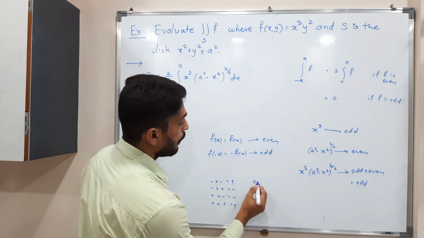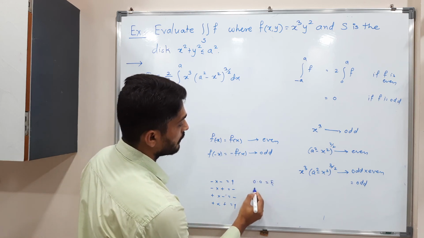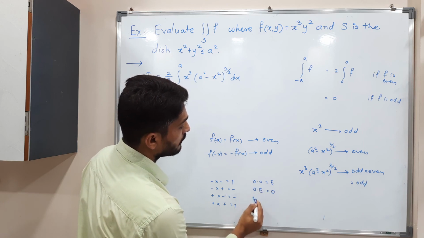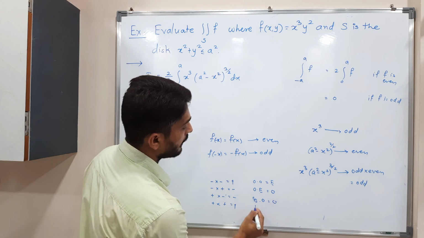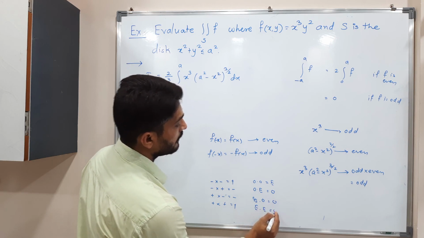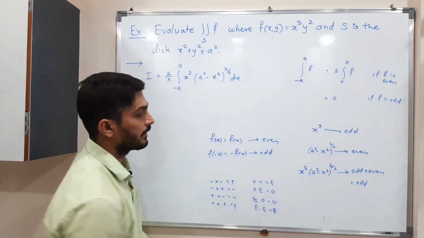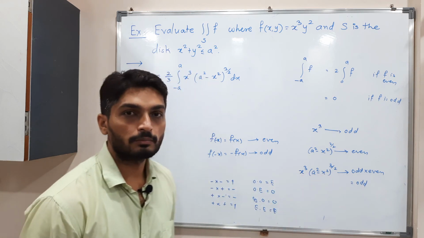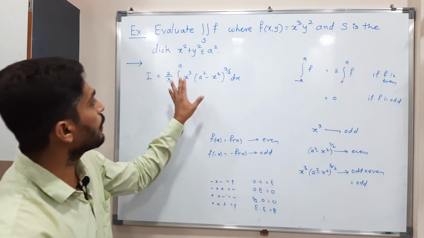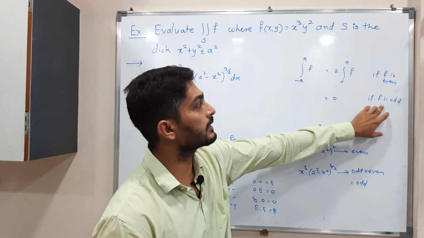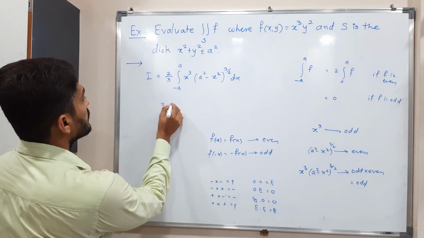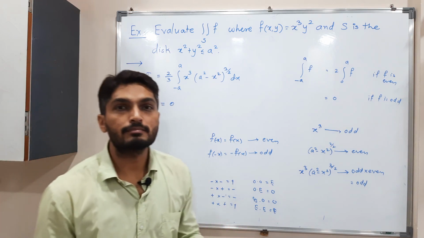Same thing, we have odd, even, so when we take a product of one odd and one even function, the final answer is odd. So this is an odd function, and this result says if the function is odd, then its value is 0. Therefore the value of this integration is 0, and we got its answer.